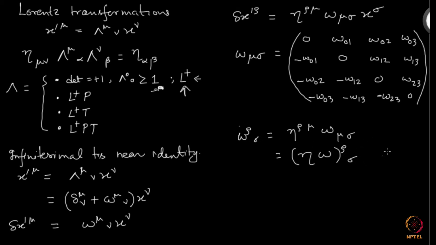You know what eta is: diagonal plus minus minus minus. Take that matrix, multiply with this one and read off the omega rho sigma elements. Another way to do it is to realize that you are raising the first index on omega with eta.